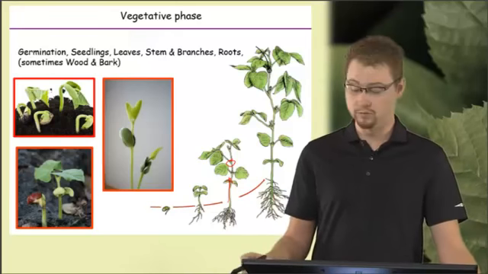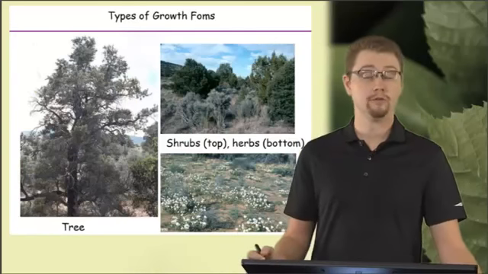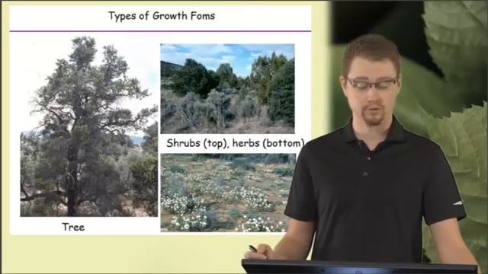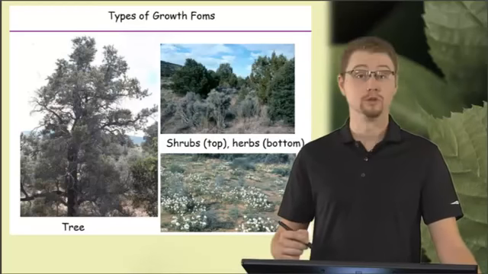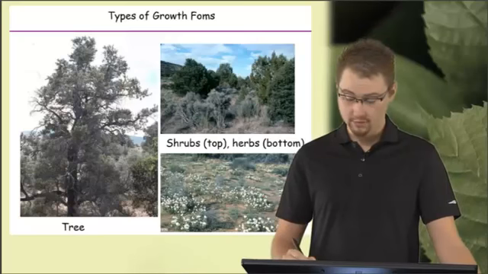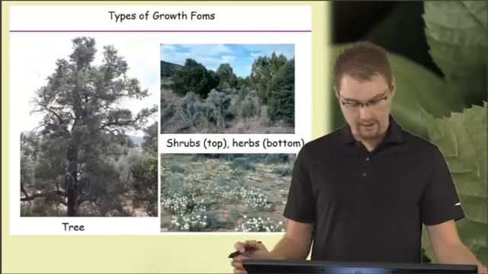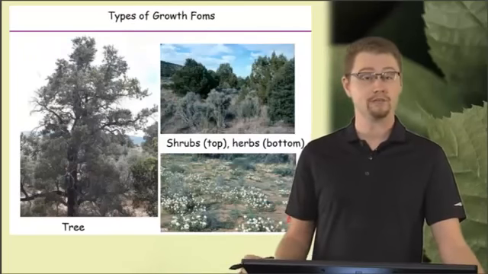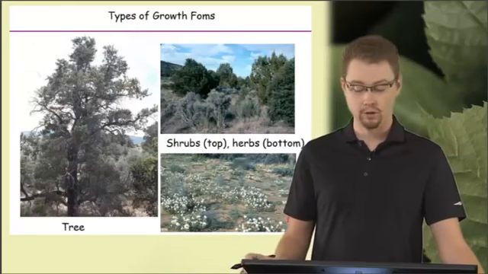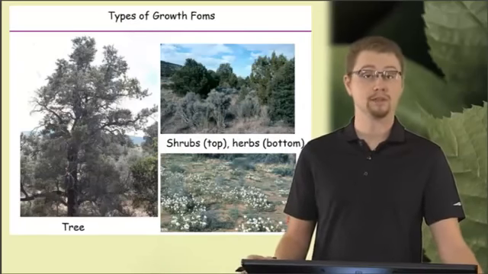Now, there are three main growth forms that we associate with, and you are likely familiar with what these growth forms are. The first of which that I'll concentrate on are herbs, or what we refer to sometimes as annuals or forbs. And these are going to be your plants that primarily have a vegetative phase without any type of woody growth, and then undergo flowering sometimes in one generation, or sometimes can exist perennially.